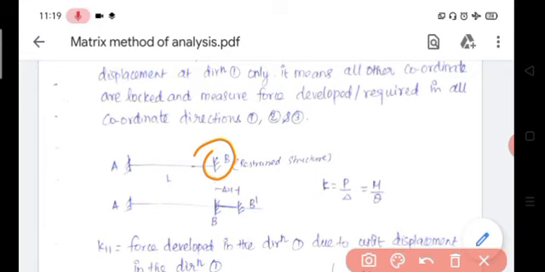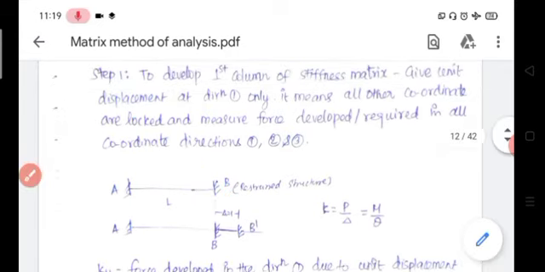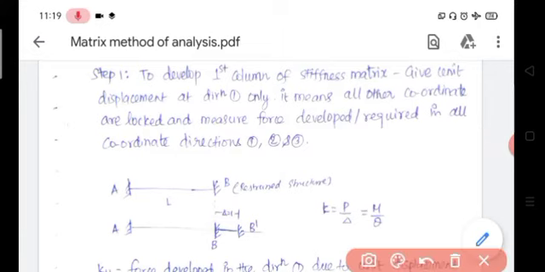To develop the first column of the stiffness matrix, we release only the translation in the x direction. We allow unit displacement along the x direction only. So at point B, we allow unit displacement, that is, delta x is equal to 1. Now B moves to some other point, B dash.